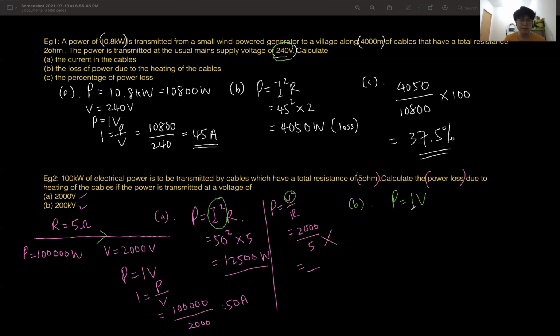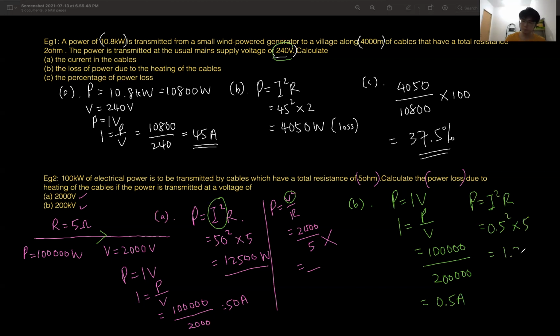So P equals IV, I equals P over V. 100 kilo divided by 200 kilo, 0.5 ampere. Okay.